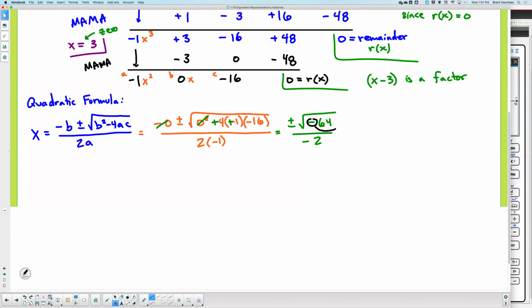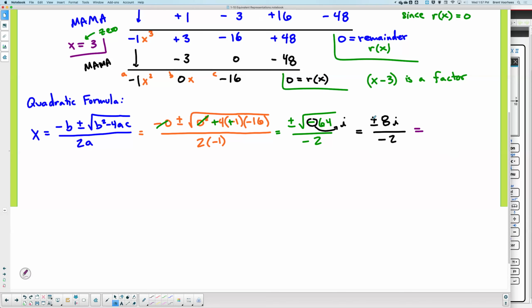You can't take a square root of a negative number, and so we call that an i. That's the imaginary. i refers to the square root of negative 1. So I'm still going to keep the square root of 64. What is the square root of 64? 8. This becomes 8i. Plus or minus 8i divided by negative 2. So last little simplification, and we're finally done with this slide.